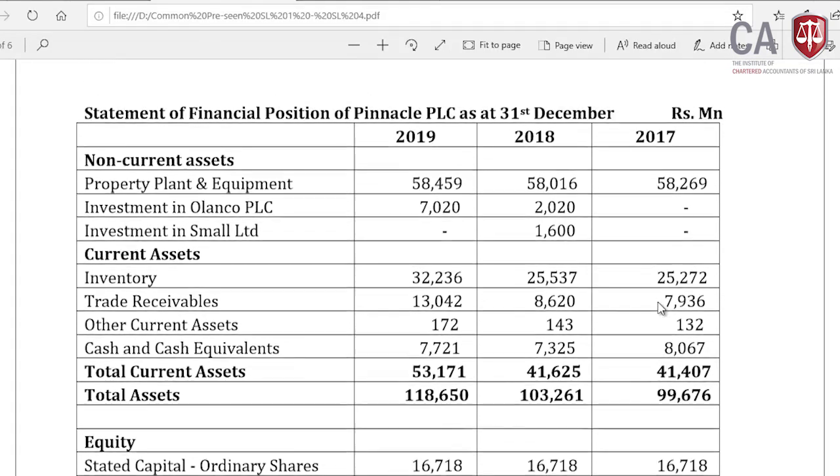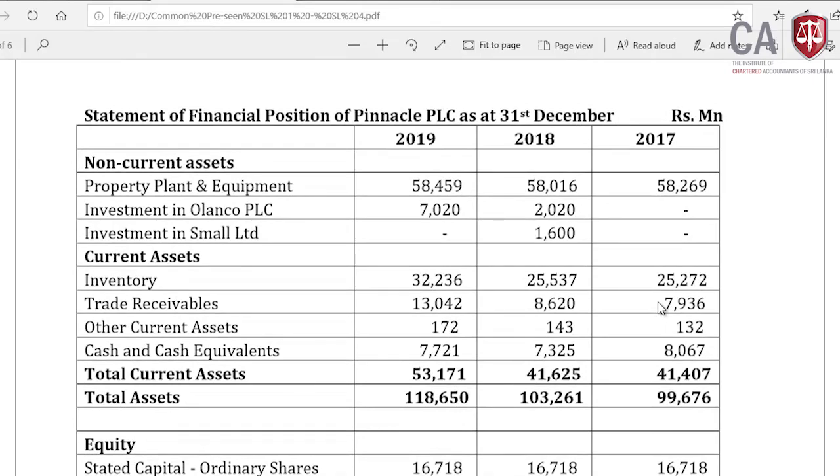Then we can see the statement of financial position of Pinnacle PLC, in other words the balance sheet. So, what points can we look at in there? Non-current assets, we can't find a significant increase throughout the period, but investment in Olanco PLC is increased in 2019.